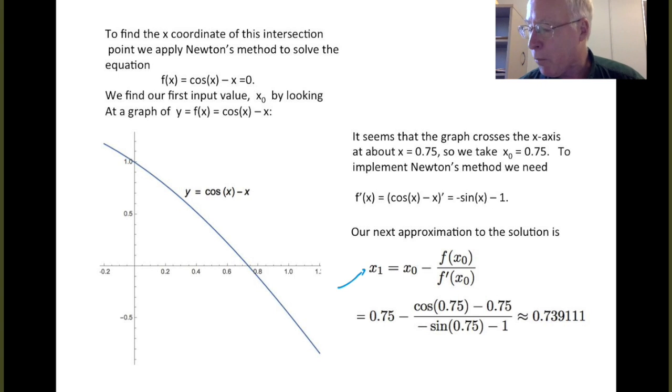F was this function, so there's x0 put in for f. And down here we've evaluated the derivative at x0, again, which is 0.75. Again, use the calculator, and here's our result, 0.73911 approximately.